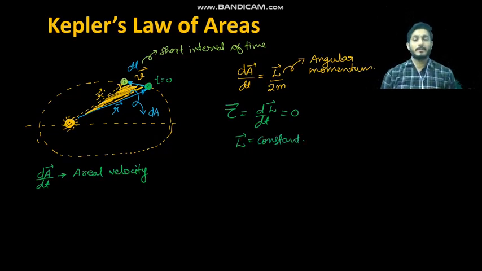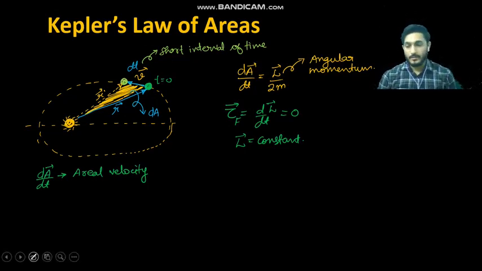So this is the determining factor. We have to write the torque of the force, and the force over here is nothing but the gravitational force. So if we could prove that the torque due to the force of gravity on the planet about the sun is 0, then we can confidently say that angular momentum will remain constant. Right, so let's see whether the torque is 0 or not.